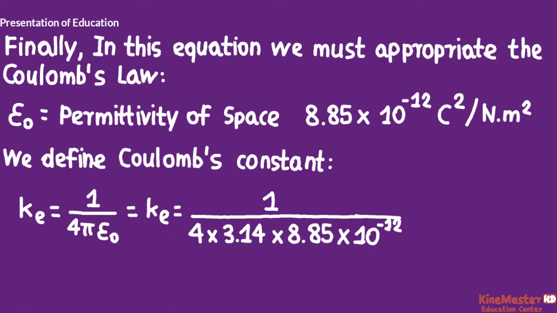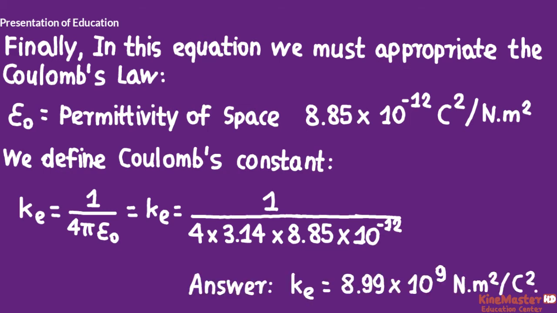After we calculated that, finally in this equation we must apply Coulomb's law. Epsilon naught, the Greek letter here, is the permittivity of space, which is 8.85 times 10 to the power of minus 12 Coulomb square divided by Newton per meter square. Now we define Coulomb's constant Ke, which is equal to 1 over 4 pi epsilon naught, which is 1 over 4 times 3.14 times 8.85 times 10 to the power of minus 12.